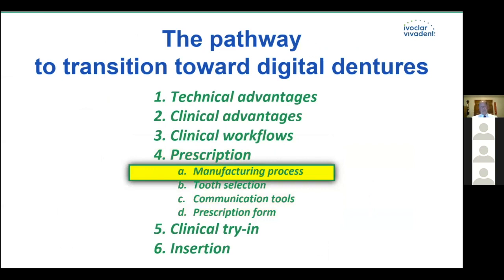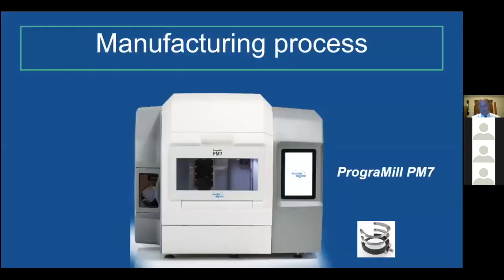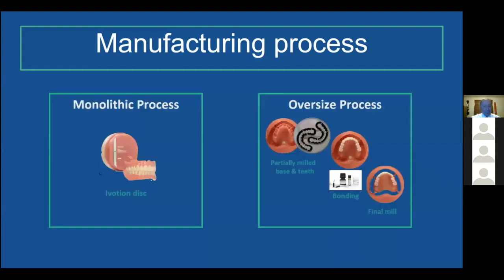Let's go to the prescription, and let's talk about the manufacturing process. You have to select a manufacturing process. I quickly showed the mill. That's the Programill. It's an amazing instrument. Obviously, Ivoclar is very well versed in that particular milling process, and it is very unique, especially with the monolithic process we're going to be talking about.